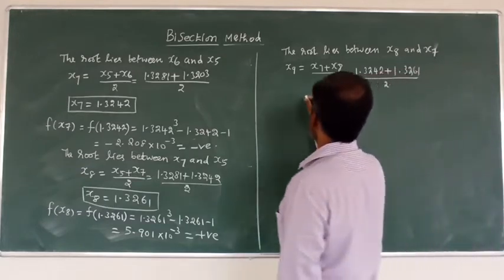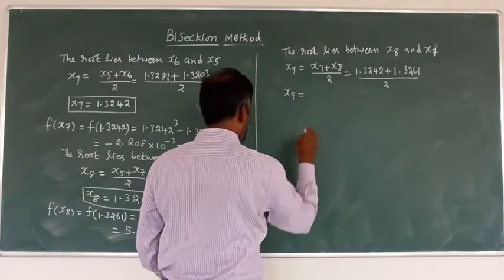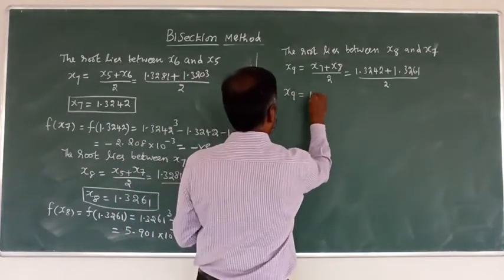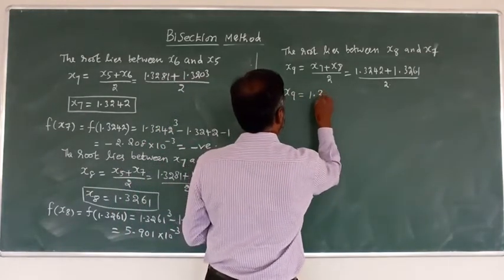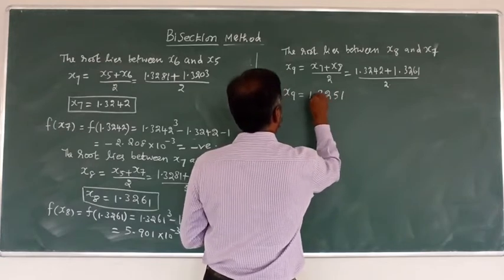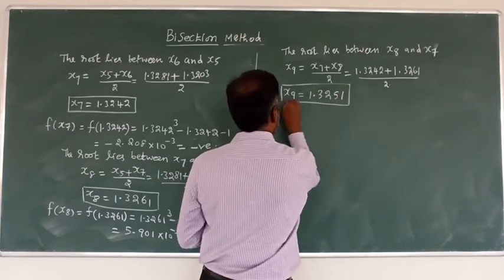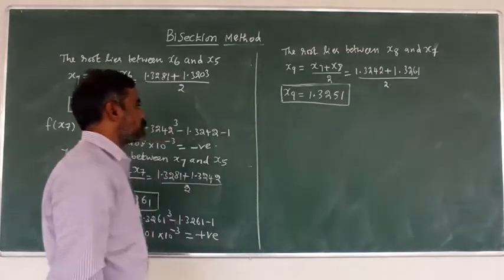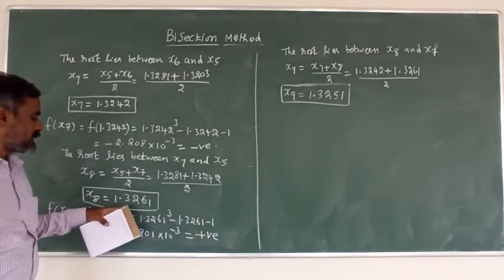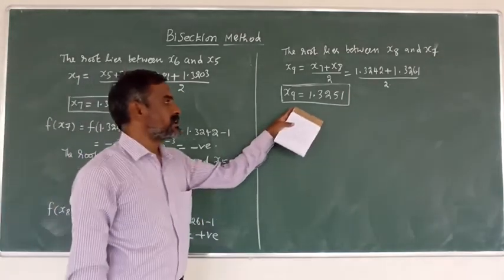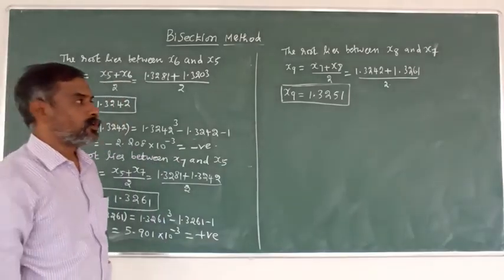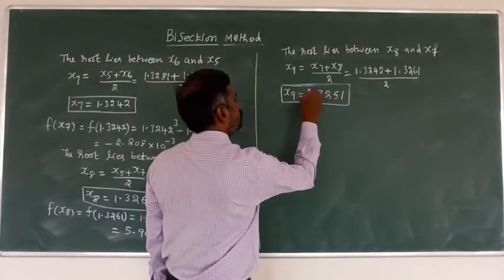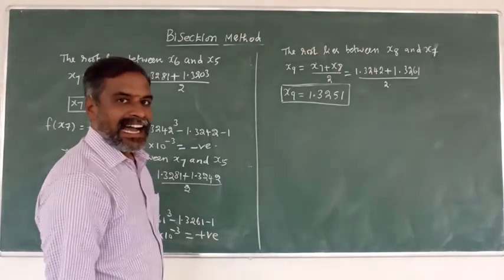Now answer x9 equals 1.3251. Now compare the x9 value with x8. Both results are not the same, so we have to do another iteration.